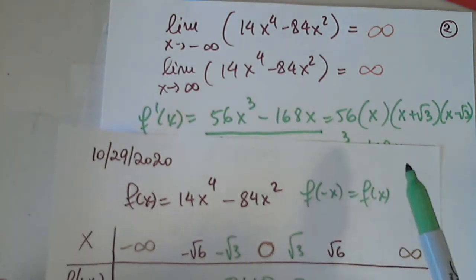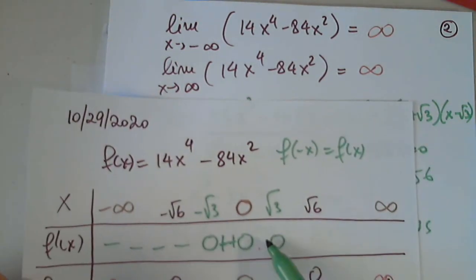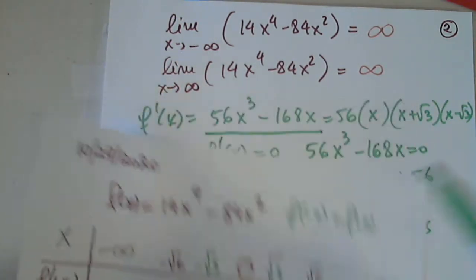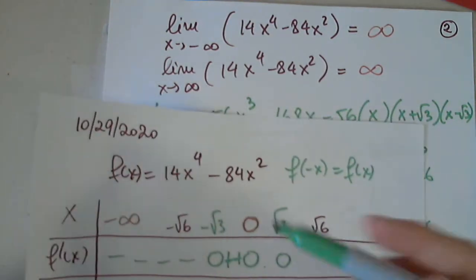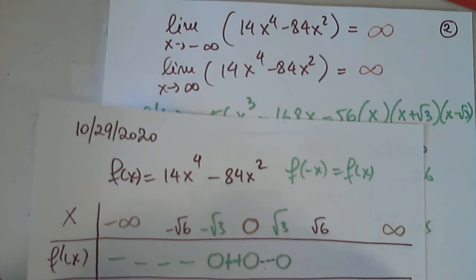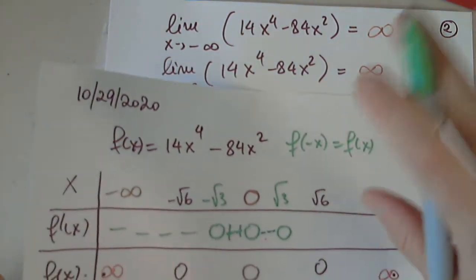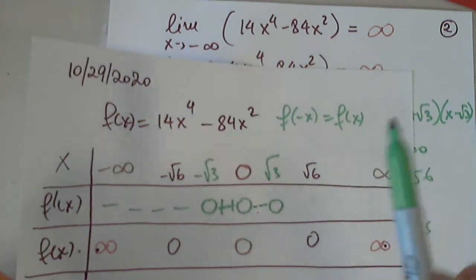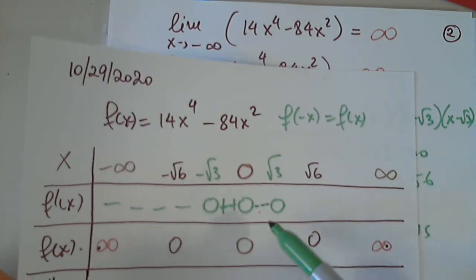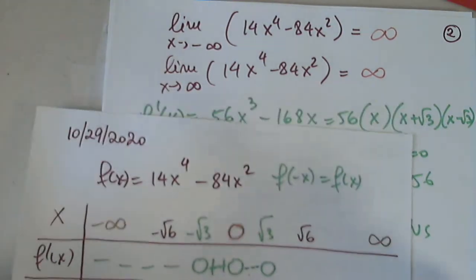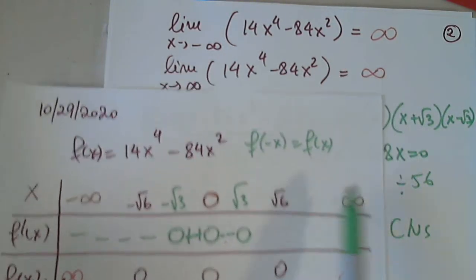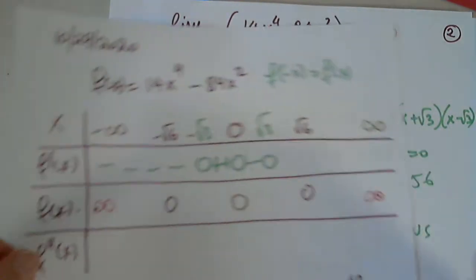It's symmetric with respect to the y-axis. And why am I getting negative here? When I plug in 1, I'm getting negative. Oh, yeah. I'm sorry. Yeah, that's correct. It's about the first derivative. That's why. I was thinking about the function for a second. Okay, that's correct. So now 10: positive, positive, positive, everything positive.